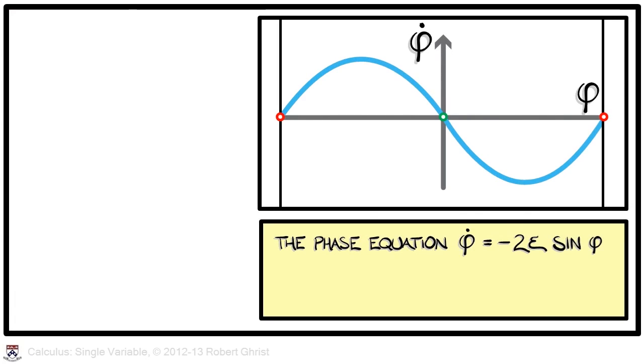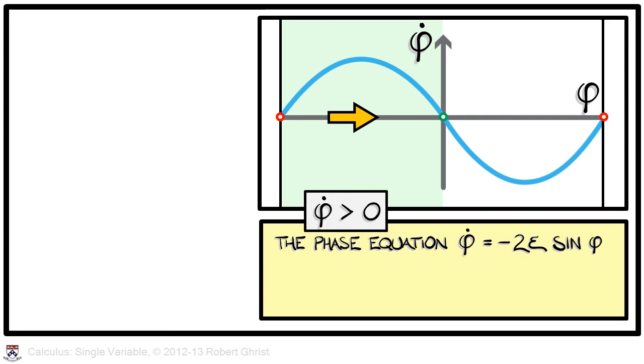In the context of the system that we looked at, the phase equation, phi dot equals negative 2 epsilon sine phi. What did we see? If we plot phi dot versus phi, then we get a sine wave with a negative coefficient out in front of it. Notice that this has a root at phi equals 0.